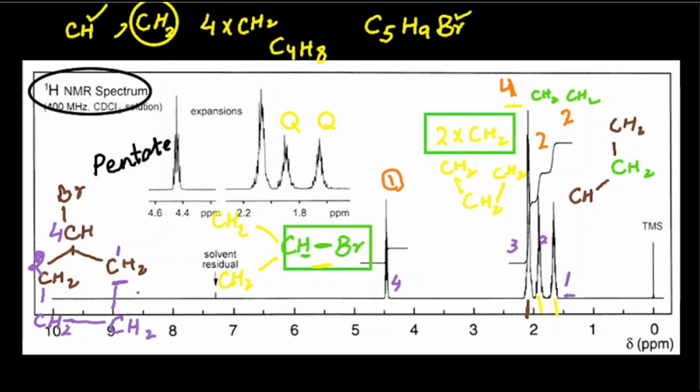This CH2 is attached with CH2 and here is also with CH2. And similarly, this CH2 is attached with CH2 and here is also CH2. So it means that the CH2 group is due to the peak number 3. Similarly, this CH2 group is due to the peak number 3. Okay, now this is your structure.